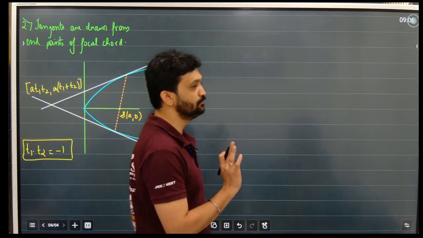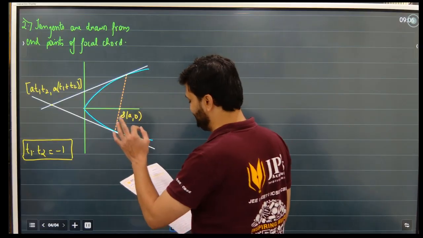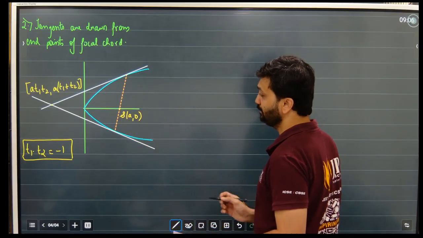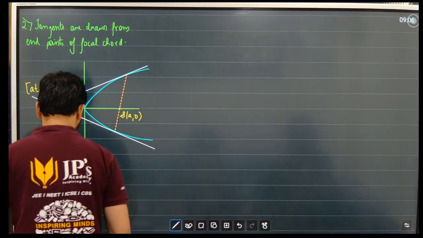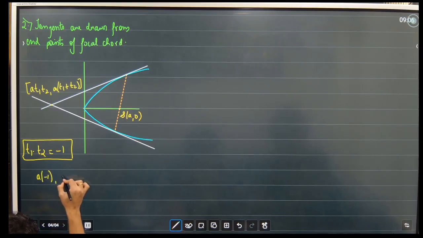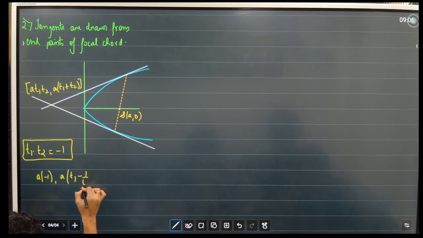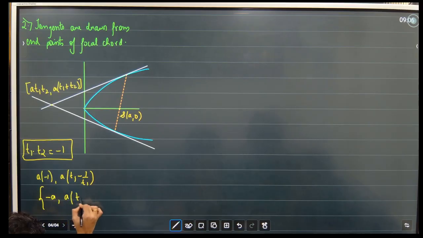Since t1 t2 becomes minus 1, the coordinate will become (a into minus 1, a(t1 minus 1/t1)). So therefore my coordinate becomes (minus a, a(t1 minus 1/t1)).